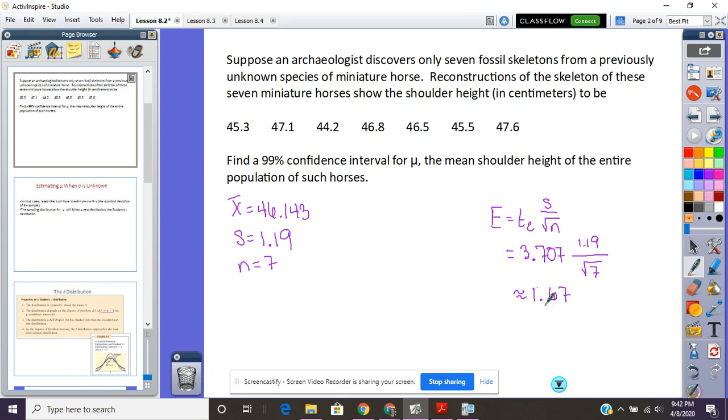1.67. All right, and then if you recall, our interval is our x bar minus our error, and our x bar plus our error. So our x bar we found to be 46.1, I'm going to just round this to 1 decimal because everything's in 1 decimal above. So I have that minus 1.7 and 46.1 plus 1.7.